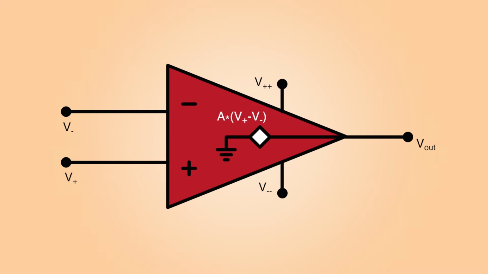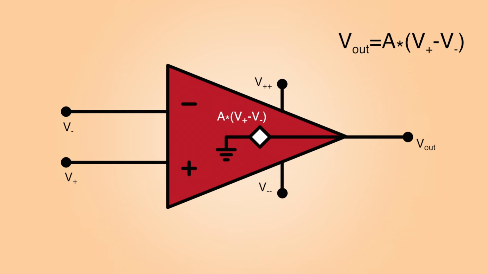Now, the equation that we have for our ideal model says that the output voltage is going to be the gain constant times the difference of the 2 input voltages. If you have even a tiny difference in those input voltages, the output voltage can get to be very, very large because the gain constant is very, very large. So here's the key thing.